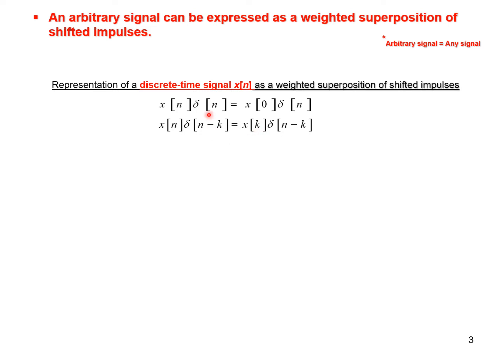That is, in both cases I am converting a signal x of n into an impulse of amplitude x of 0 if the impulse function is unshifted, x of k if the unit impulse is shifted. So in both cases, I am converting x of n into a single sample signal. This result we have already seen in the first chapter. I just brushed your memory in case you have forgotten.